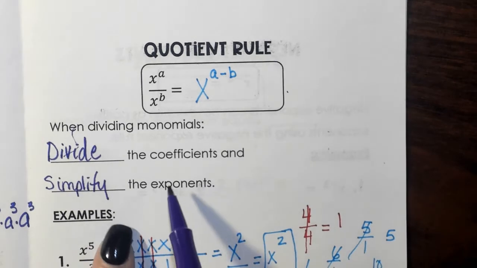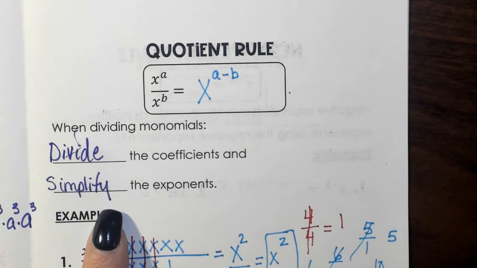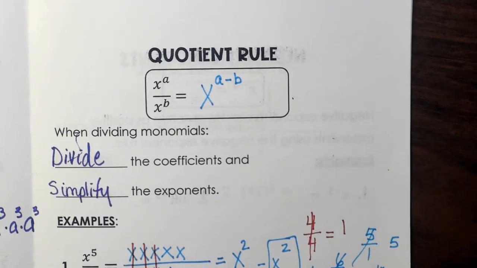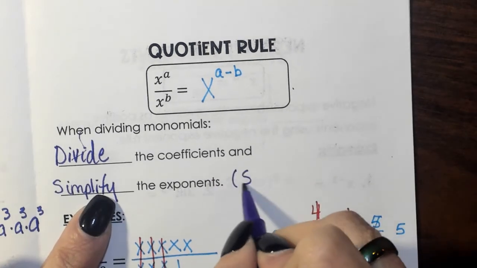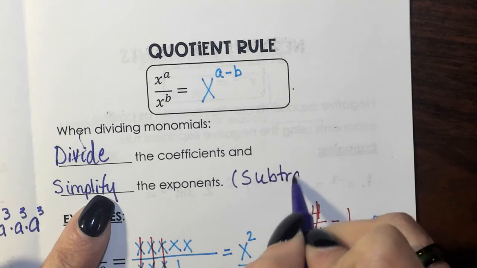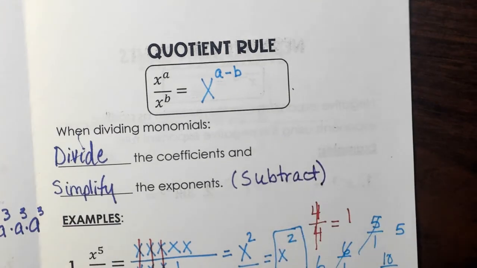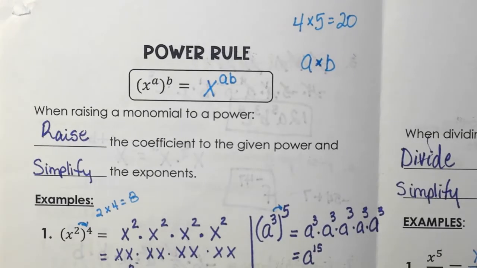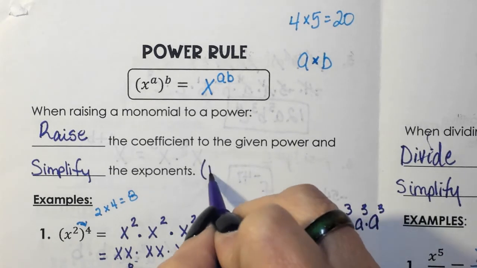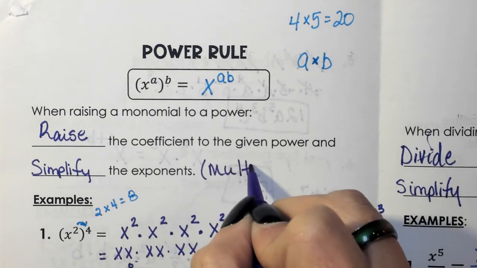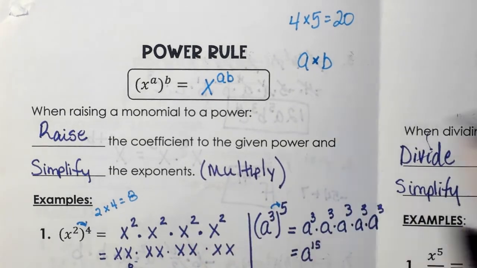I wonder if we should have said we subtract the exponents, but I mean simplify is fine, but you could say subtract as well. On the other page, power rule, we could have said multiply the exponents. Just something you could have done.